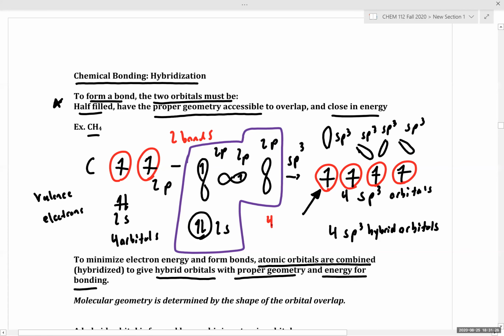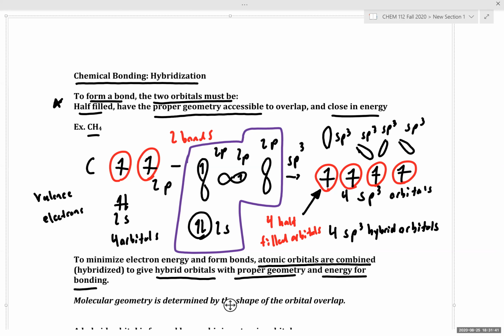So we have 4 half-filled orbitals. So hybridization serves not only to generate orbitals with the correct geometry, the correct 3-dimensional shape for bonding, it also allows us to generate half-filled orbitals that are capable of engaging in orbital overlap and bonding interactions.